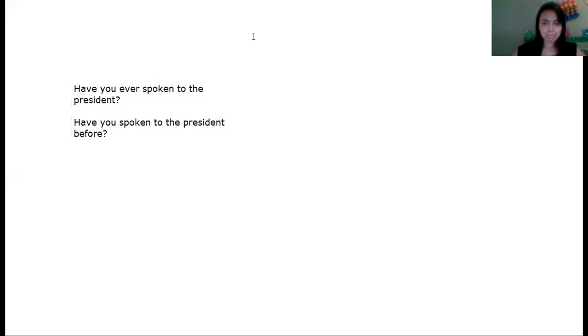Okay. Look at these two sentences. Ever goes before the past participle verb. You see, this is the past participle verb and ever goes before. And before goes always at the end of the sentences.